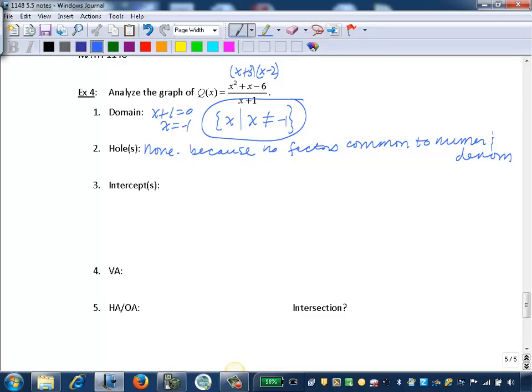Okay, now we want intercepts. For our x-intercepts, any zeros of our numerator will cause the whole function to equal 0. So we're just looking at our numerator, and the zeros of our numerator are negative 3 and 2. So we'll have our x-intercepts, negative 3 and 2.